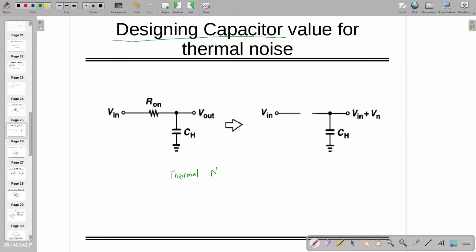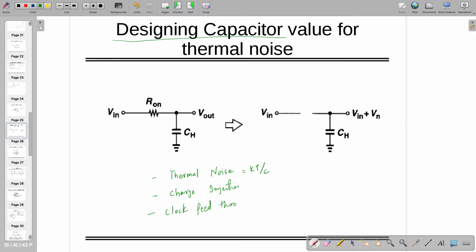If you are at very high frequency, if you are seeing somewhere resistance which is offered by a switch, that resistance and capacitor is creating a noise which is thermal noise, and its power will be kT by C. So you can reduce it by increasing C. There is one more thing, charge injection, and you might have clock feedthrough.